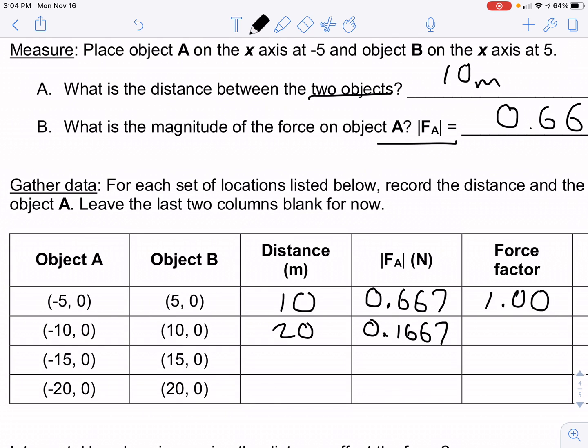The distance between 15 and -15 would be 30. And the distance between -20 and 20 would be 40. So let's take a look at these two data points.